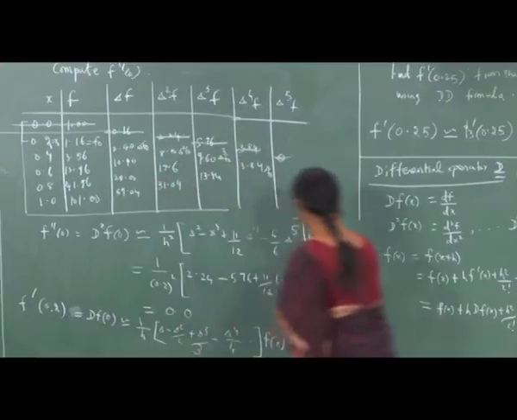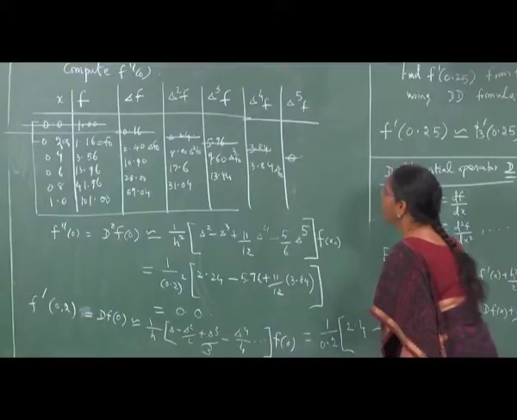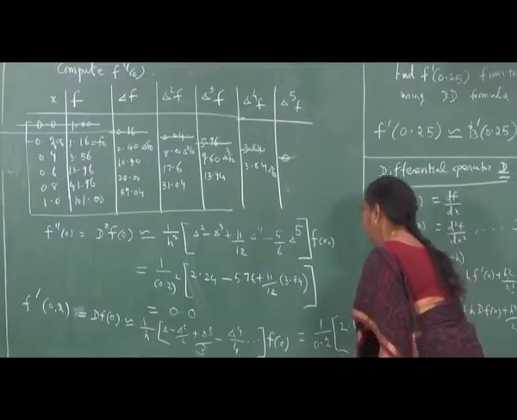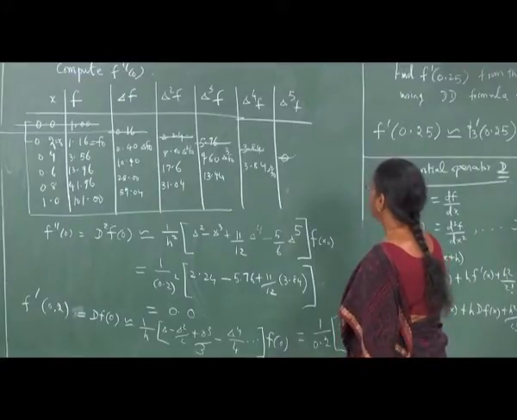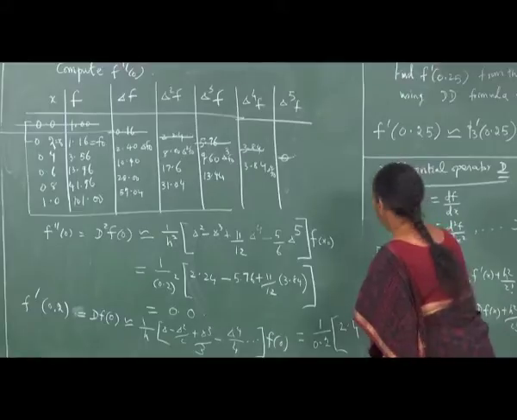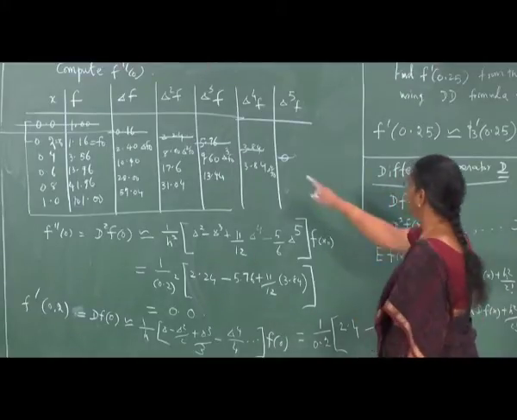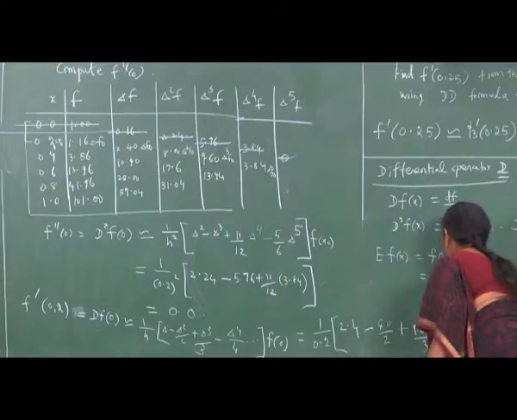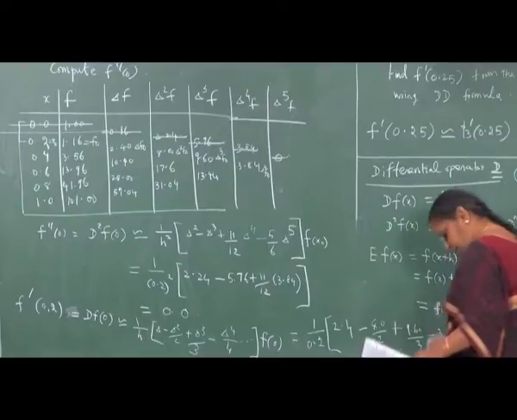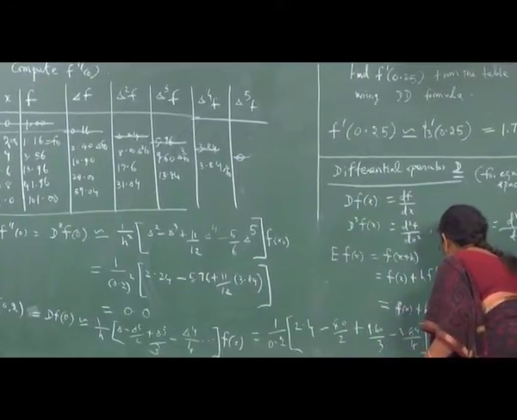So, it is 2.4. Then minus del square, so 8 by 2, then plus del cubed by 3 on f of x naught, so it is 9.60 by 3 minus del power 4, so minus 3.84 by 4. So, evaluate this, and that turns out to be 3.2.